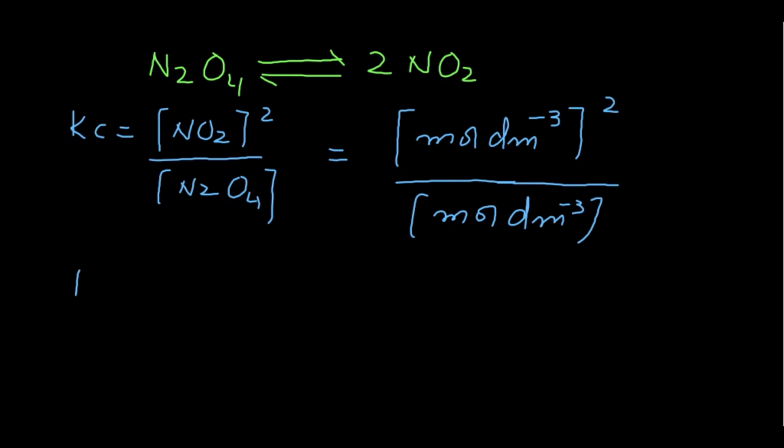Now in the next step, Kc is equal to mole per mole dm minus 3, since 1 minus 2 is equal to minus 1, right students? So what is the unit of Kc for this reaction? Kc is equal to mole per cubic decimeter.